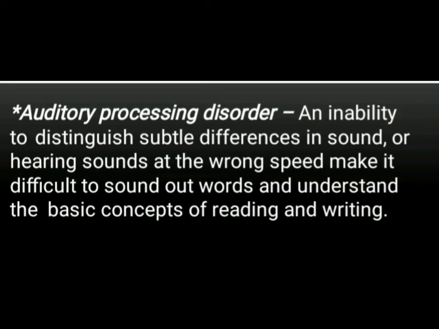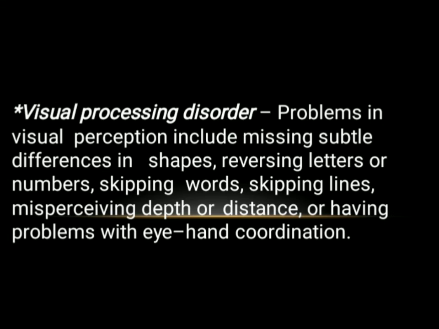In other words, auditory processing disorder is an inability of a child to understand and distinguish different sounds that may affect their learning. Next, we have the visual processing disorder. Visual processing disorder involves problems in visual perception, including missing subtle differences in shapes, reversing letters or numbers, skipping words, skipping lines, misperceiving depth or distance, or having problems with eye-hand coordination.